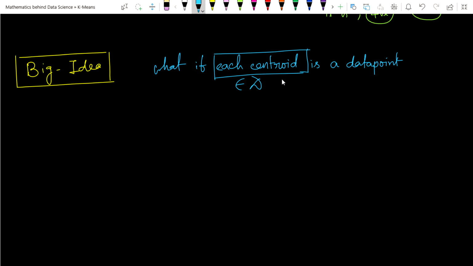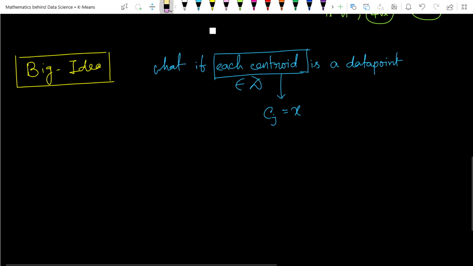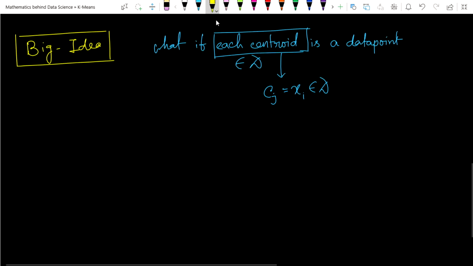I'm talking about the centroids Cj that we have taken actually being our data points, some data points in our data set D. What if this happens? The concept behind it is the concept of K-Medoids. The big concept is that we will use the K-Medoids technique.